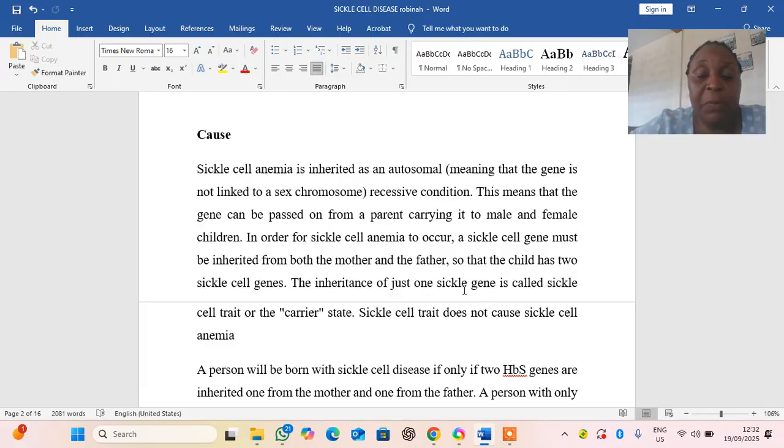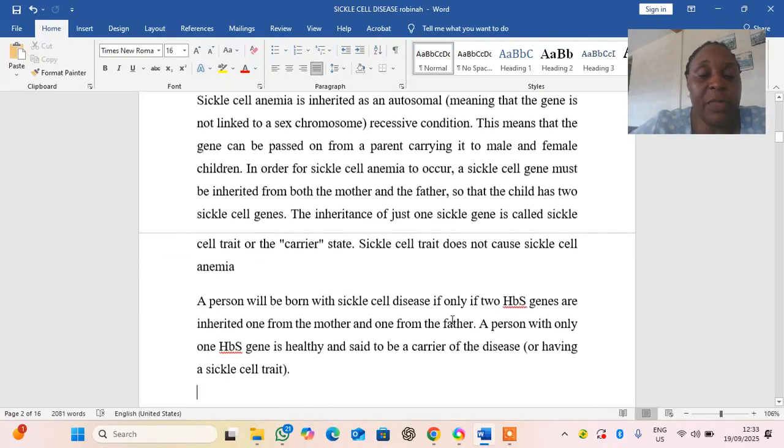If this person inherits only one from any of the parents, this person is not a sickler. This person is a carrier. A carrier does not have sickle cell anemia but has a trait, which can be passed on to the next generation through their offspring.